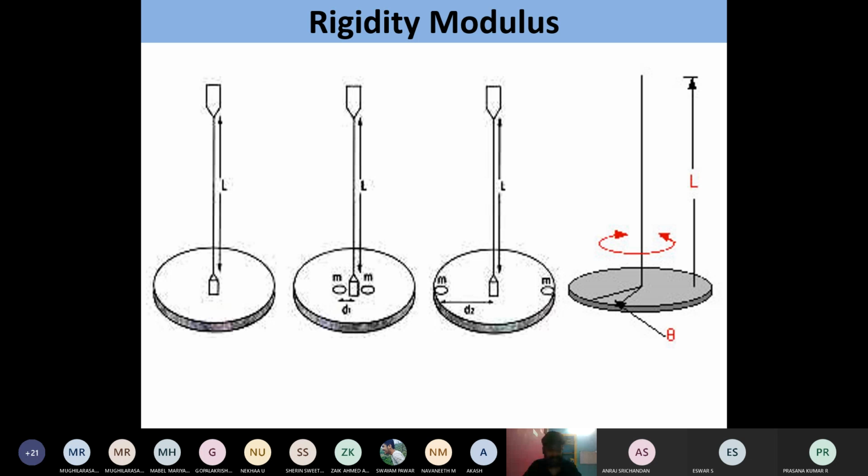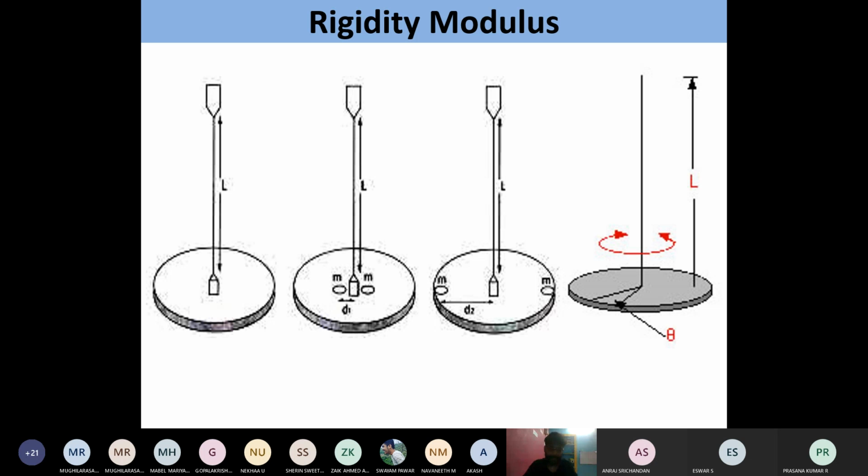We are applying the force or pressure to the disc, so the wire tends to twist, because one end is fixed. That twisting of the wire is called the rigidity modulus. That is what we mentioned at the last.